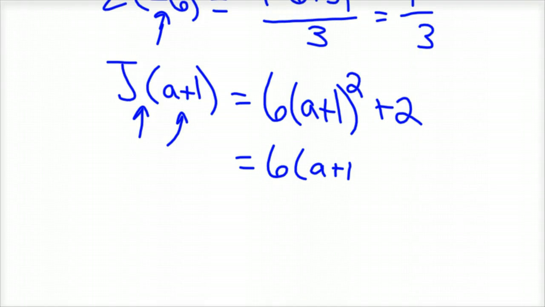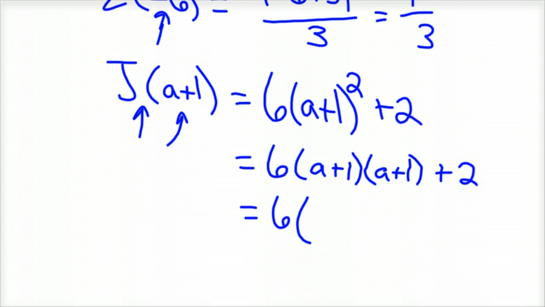Now if you want to simplify it, it might look something like this, because a plus 1 squared is a binomial. You have to write it out twice. Now you're going to have to FOIL it. So you'd have 6 times, and I'm doing first, outer, inner, last. Some of you might know it as FOIL. I know it as distribution.